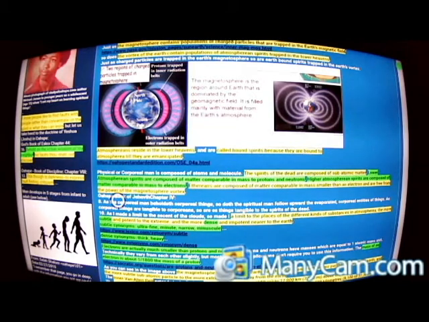Oahspe, Book of Jehovah, chapter 4, verse 8: As the corporal man beholdeth corporal things, so doth the spiritual man follow upward the evaporated corporal entities of things. As corporal things are tangible to corporeans, so are S things tangible to the spirits of the dead. S means spirit, the unseen matter.